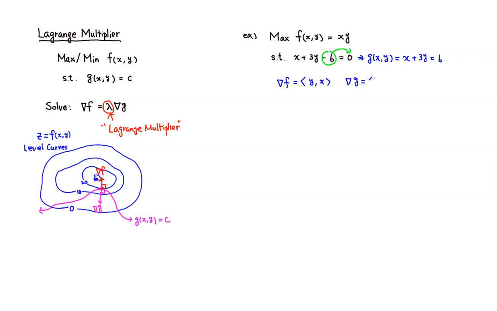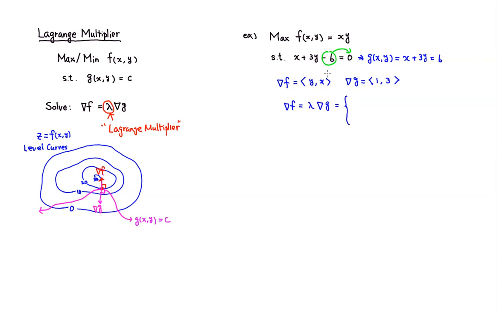The partial with respect to x is 1, and the partial with respect to y is 3. We set the gradient of f equal to some constant lambda times the gradient of g, which gives us two equations.